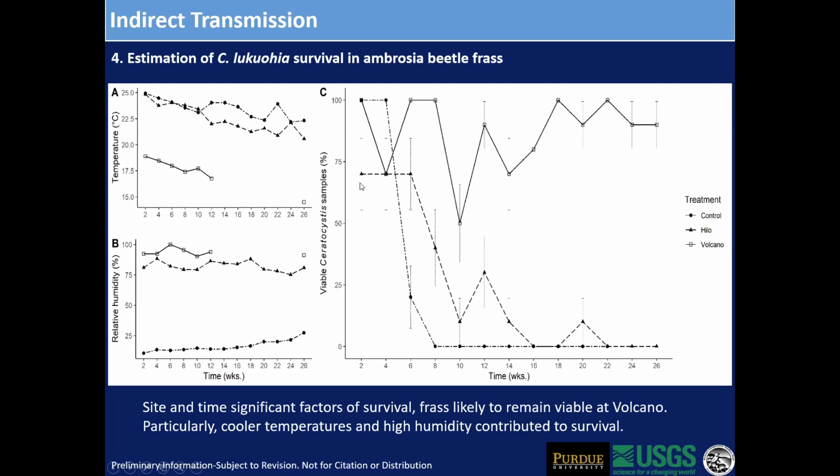The Hilo samples dropped off at the same time, but remained viable at a low percentage through 22 weeks. And then in Volcano, where there are cooler temperatures and higher humidity, we see that viability was generally above 75% for the entire duration of this 26-week study. So it could have potentially lasted longer, but we just ran out of frass.